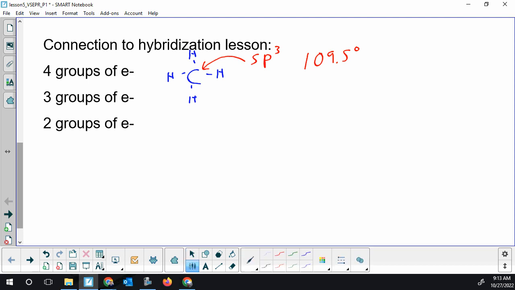Okay? If you have 3 groups of electrons, now I've got 2 carbons, so I'm going to put an arrow referring to a central atom. Okay? That central atom has 3 groups of electrons. 1, 2, and then the third grouping is a double.